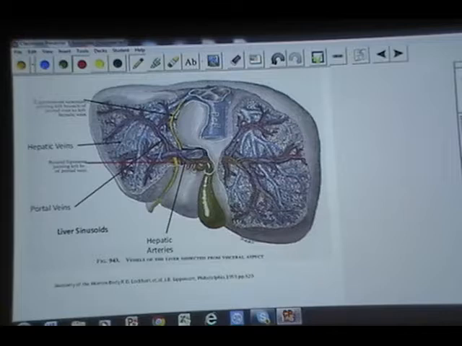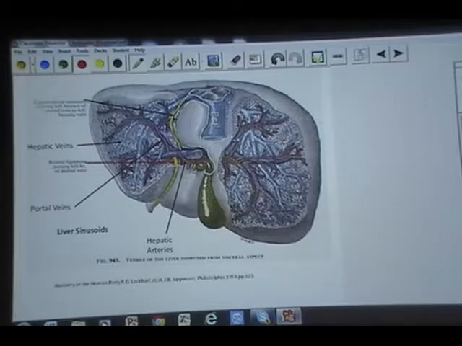Whether we do that depends on if the body needs them right away, or we've got enough going on right now and we don't need it. And this is coming in from all organs, in particular your large tubular organs, because this is where the substances are being further broken down to metabolic units that we can use as metabolic substrates for the metabolism of all our cells. Okay? So that's the portal vein.